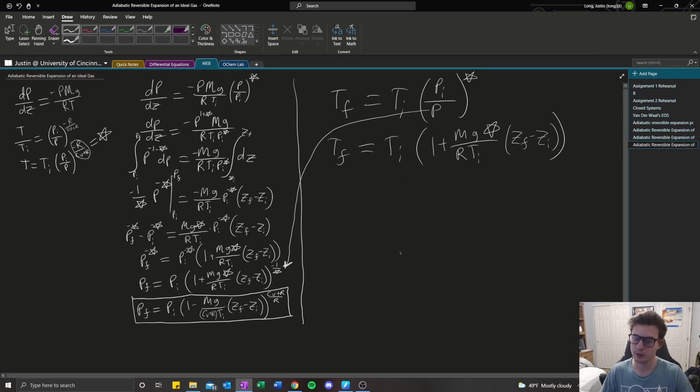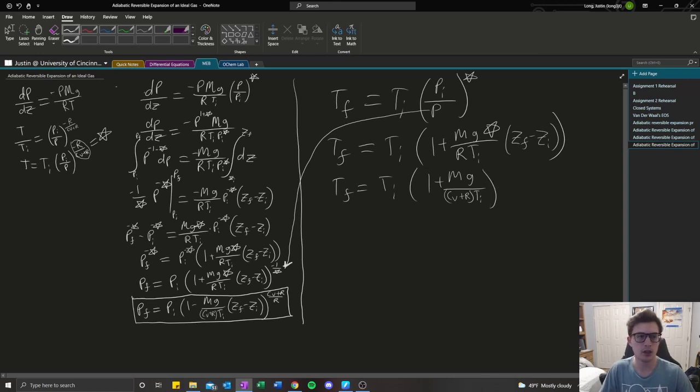And so we're going to do what we did before and just go ahead and plug back in for star. Alright, and it just ends up with what we had down here, which was the specific heat plus R times the initial temperature.